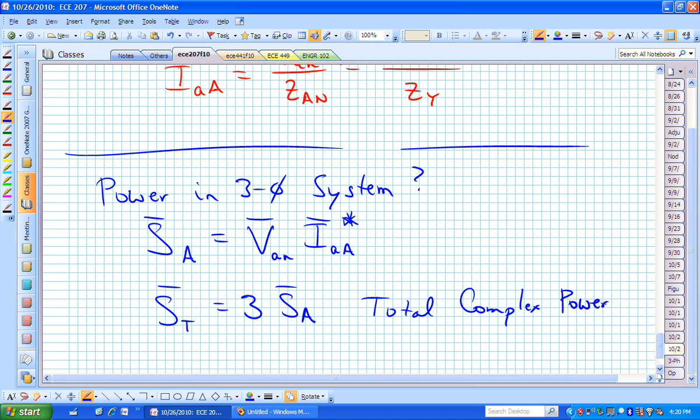Questions on that? And from that, you should be able to give me apparent power, which is the magnitude of that number, of that vector. The real power is apparent power times cosine theta, or apparent power times the power factor.